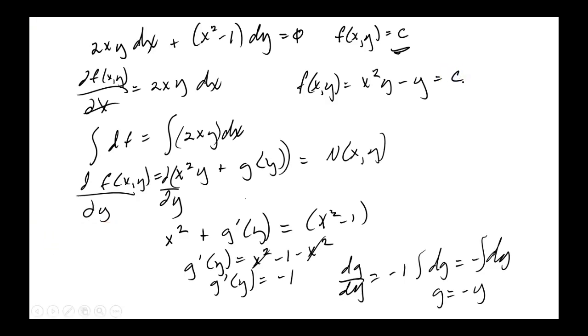There is your f of xy, but it's not your solution. This is your solution: x squared y minus y is equal to c. Now this one we happen to be able to solve explicitly in terms of y, because we could factor out a y here, y times (x squared minus 1) is equal to c, and this would then be y is equal to c over x squared minus 1.